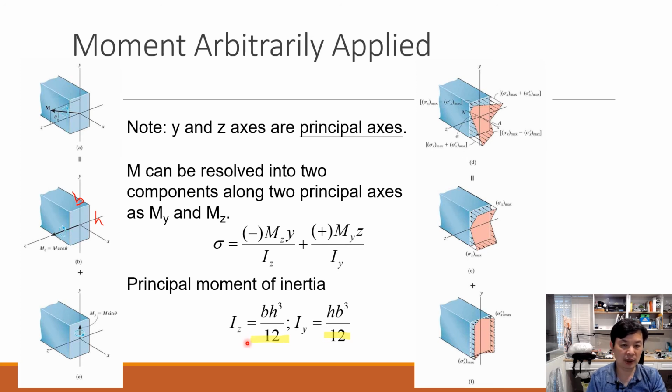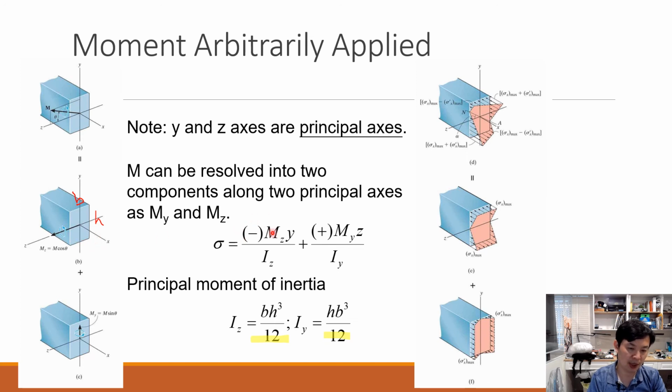Then after we know all of them, here you will see a minus sign for Mz and a positive sign for My. Why? For Mz, if you consider the direction of y, positive would be this upper portion of this beam. And you will find that based on the direction of moment Mz, we apply compressive stress on the upper part and tensile stress on the lower part.